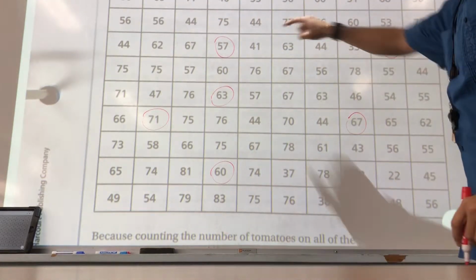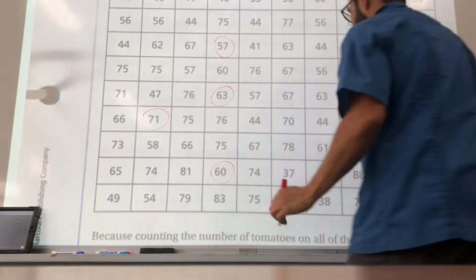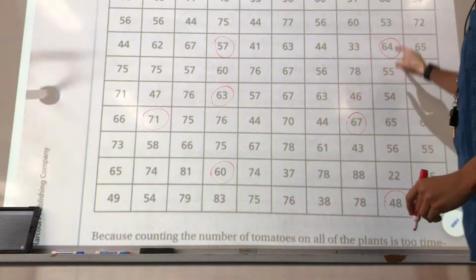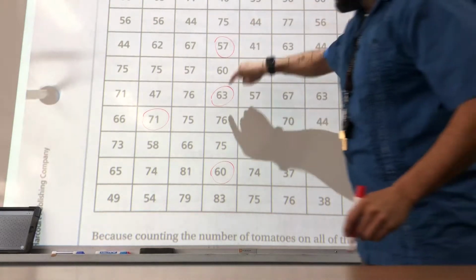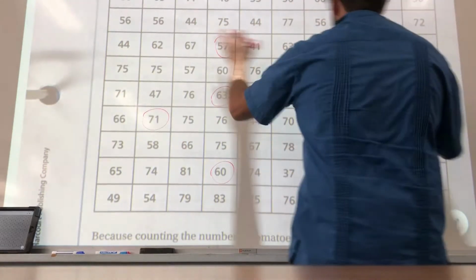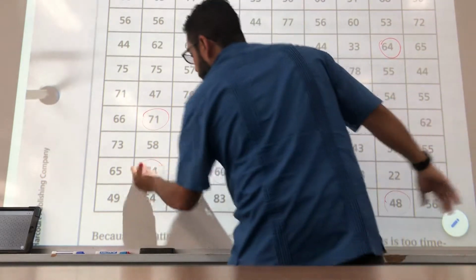15. That's 1, 2, 3, 4, 5, 6, 7. I have 18, 48, 1, 2, 3, 4, 5, 6, 7, 8, 9. Let's do one more. There. Oh, I already have 57. Boom, 74. Okay, so that's my 10 numbers.